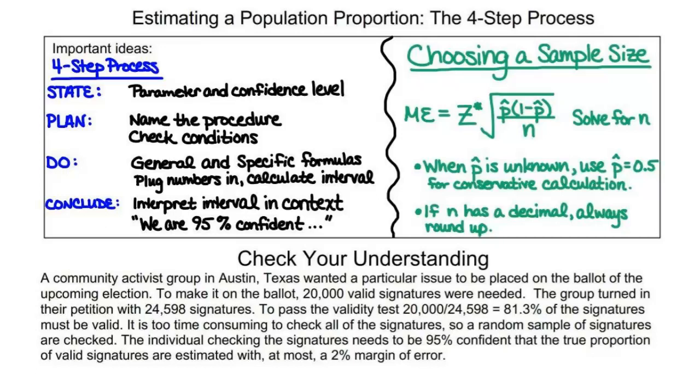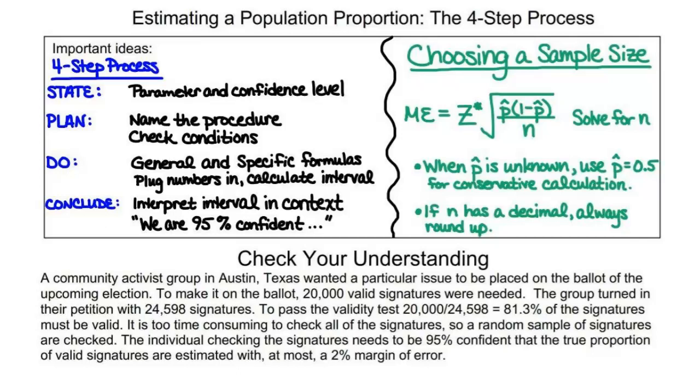The way we do this, you're going to use your formula for margin of error. This is what we add and subtract to p hat. We're going to solve it for n. We know what we want our margin of error to be, so we can plug something in there. We know what we want our confidence level to be, so we can put our critical value in here. When p hat is unknown, maybe I haven't even taken my sample yet, so I have no idea what p hat is, we're going to use a conservative estimate.